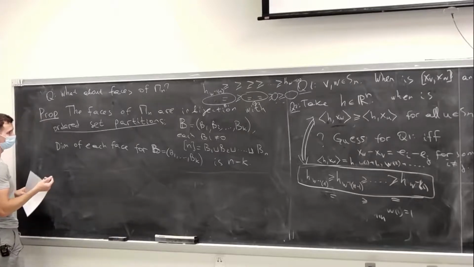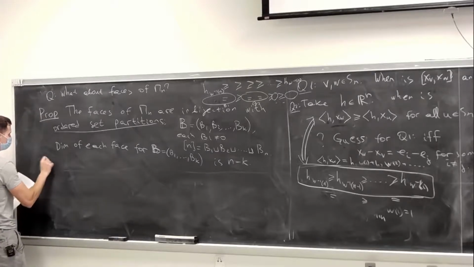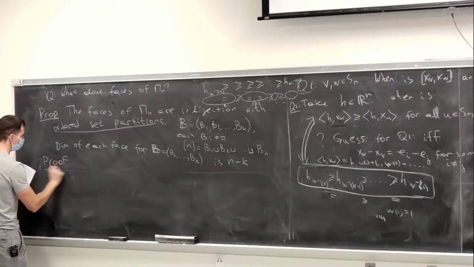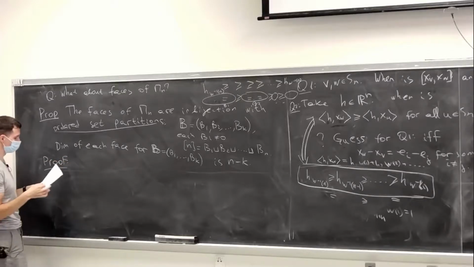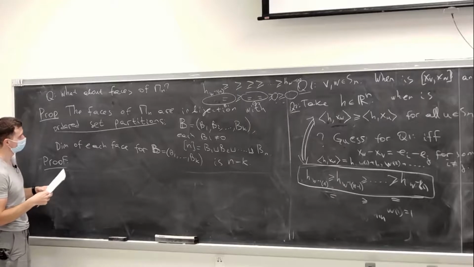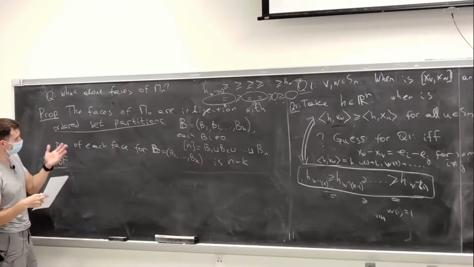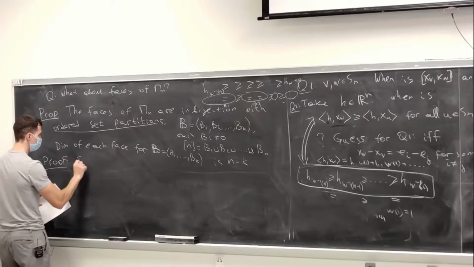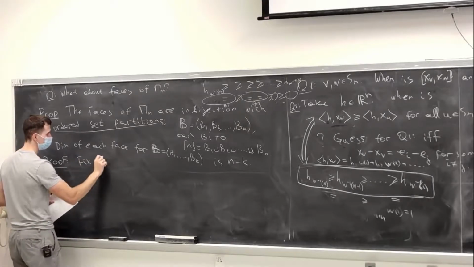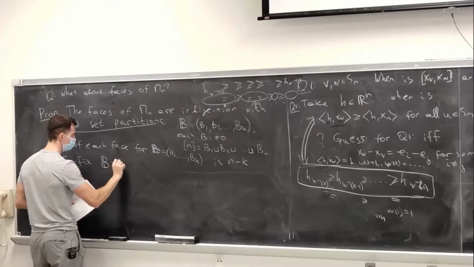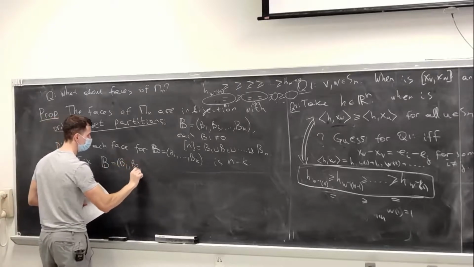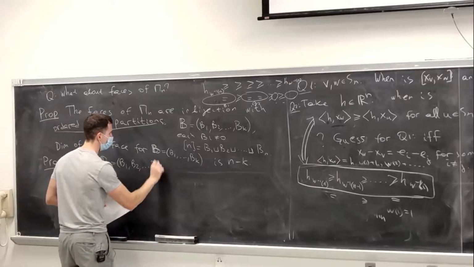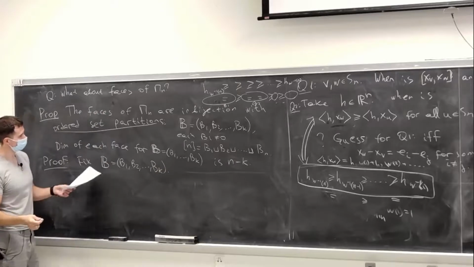But let me actually write down some sort of a proof for this. And in the proof, I want to explicitly write down each phase. So let's say I fix a B partition like this, and I want to find a phase which corresponds to it.